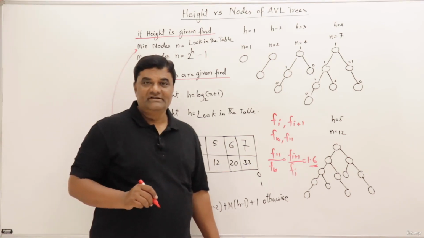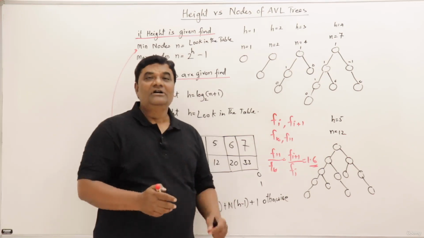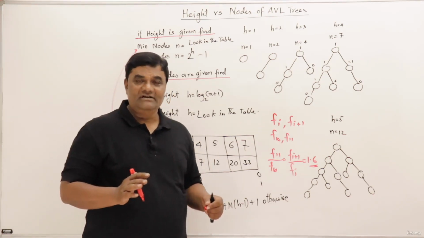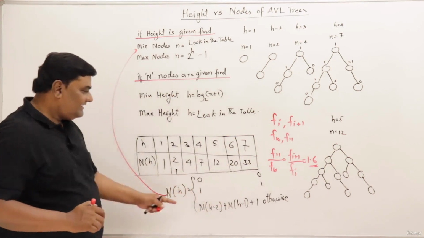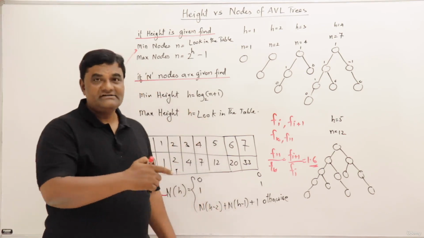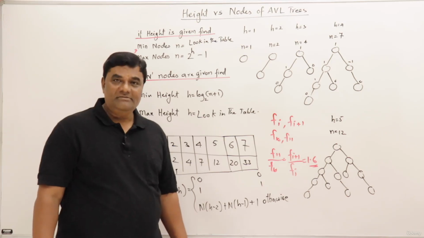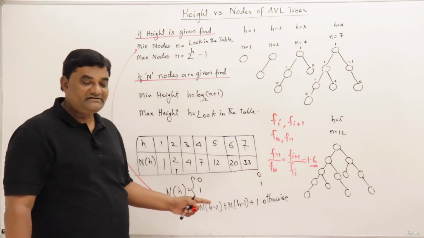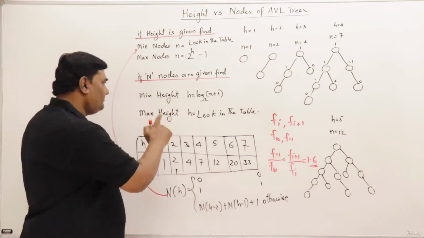Approximately 1.6. So for any two consecutive numbers, if you take the ratio, it is 1.6. So the Fibonacci series is believed to be a balanced series. So this formula is matching the Fibonacci series, which means AVL trees are also balanced. This is a proof that they are balanced, because their formula for nodes versus height is the same as the Fibonacci series.